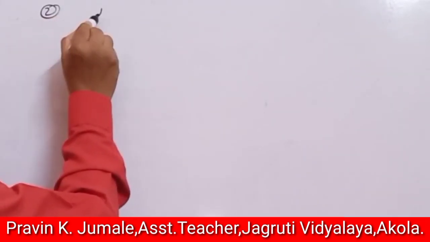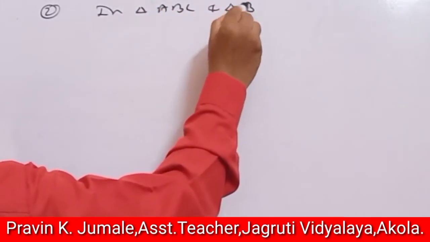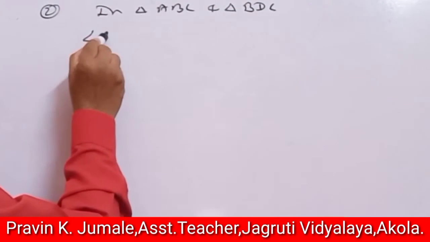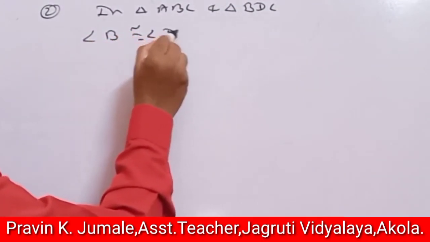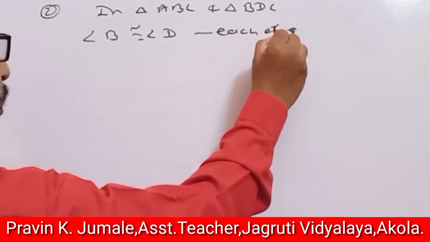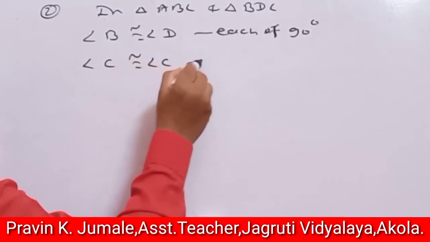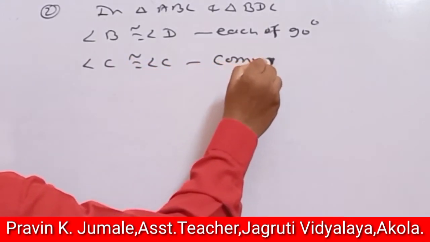Second, in triangle ABC and triangle BDC, angle B congruent angle D, each of 90 degree. Angle C congruent angle C, this is common angle.